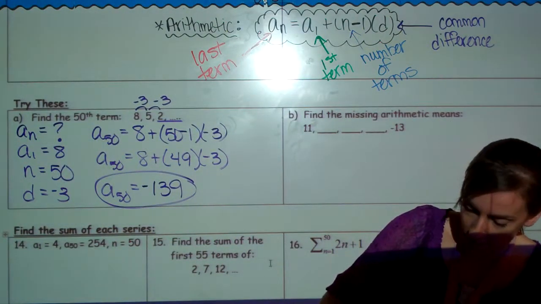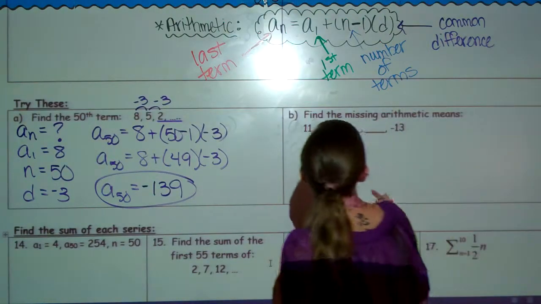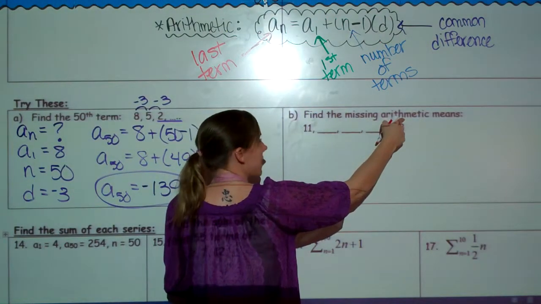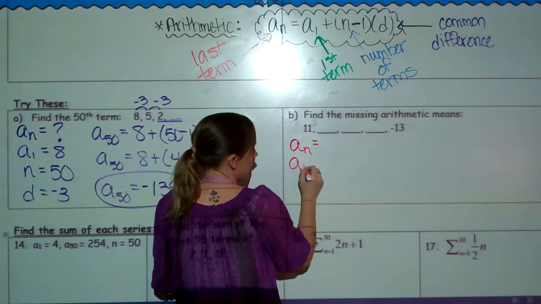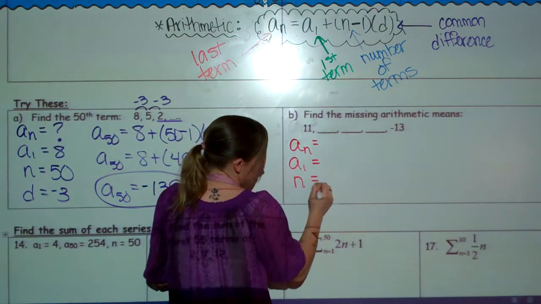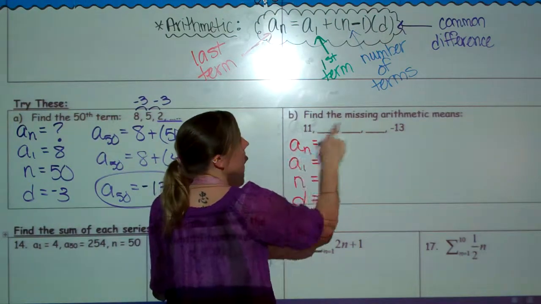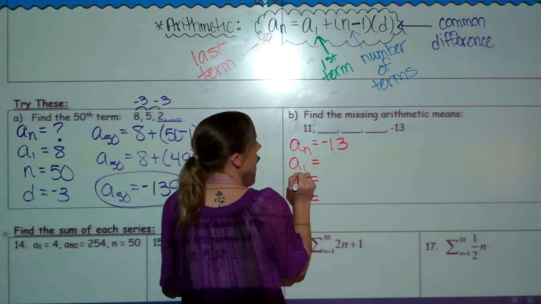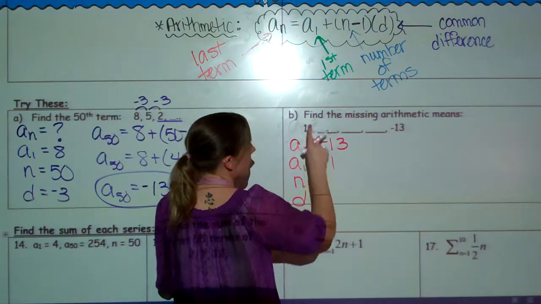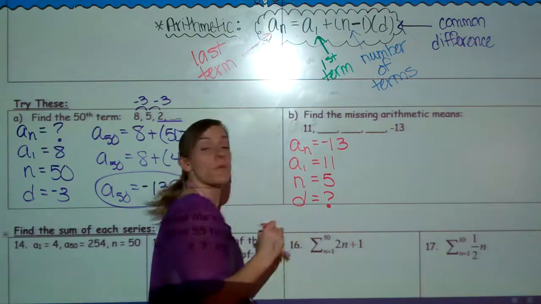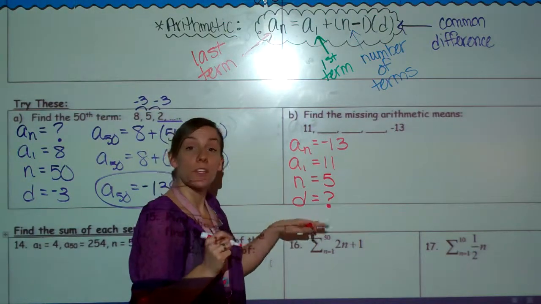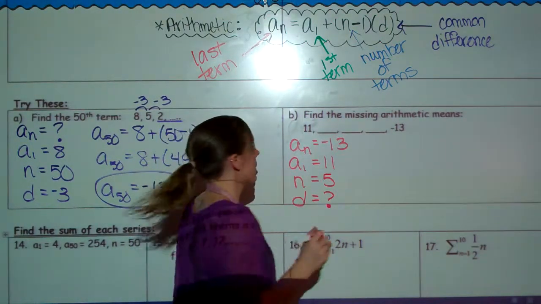All right, and then the other one, the arithmetic means, so last, first, number, and difference. The last term is -13. First term is 11. 1, 2, 3, 4, 5. Okay, and remember, we don't just want the difference, we want to use the difference to plug in the blanks.